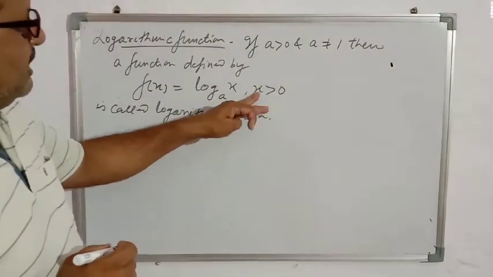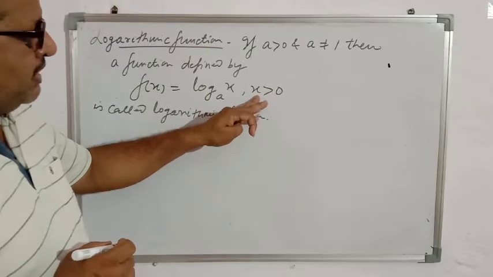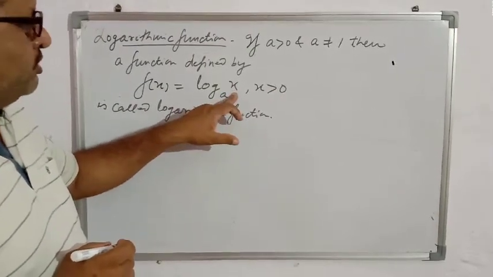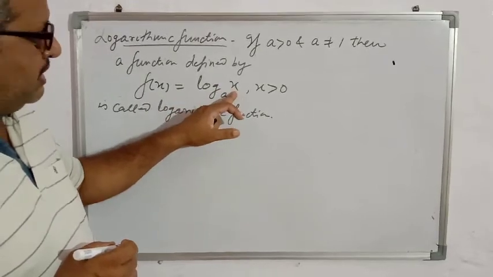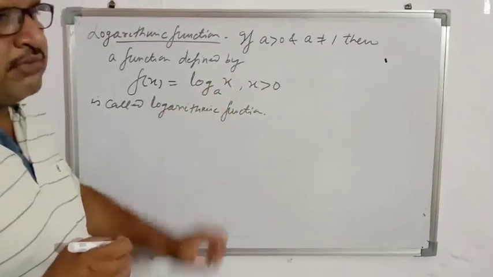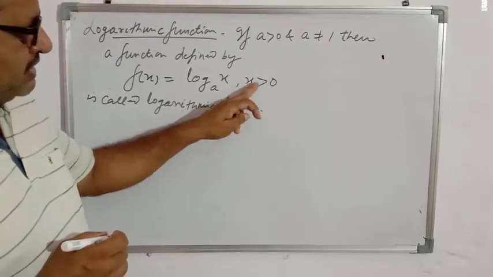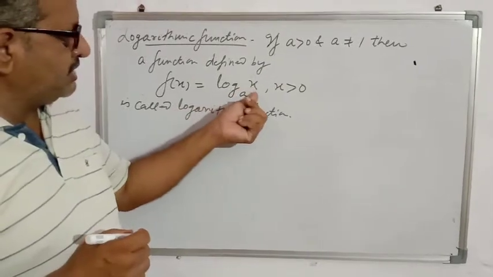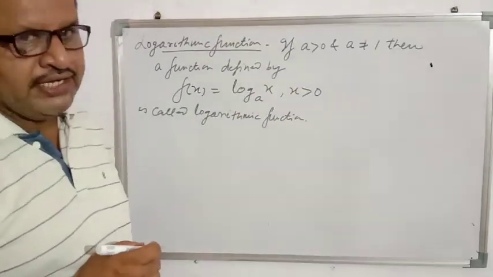So we see that here x means the domain, and it is greater than 0. The reason is that if x is 0, log 0 is undefined. If we take x as a negative number, log of a negative number is undefined. That's why it is written here x greater than 0. So this logarithmic function is defined for positive real numbers.